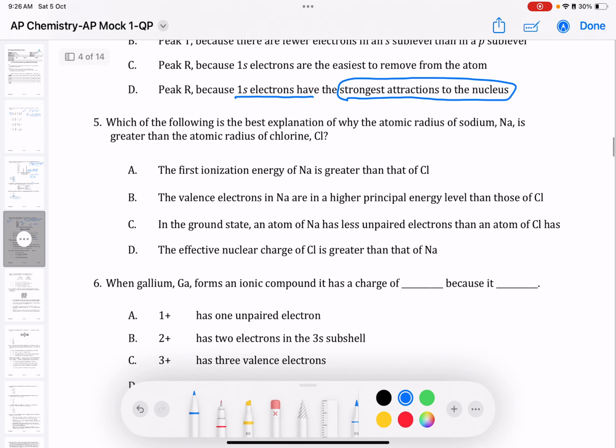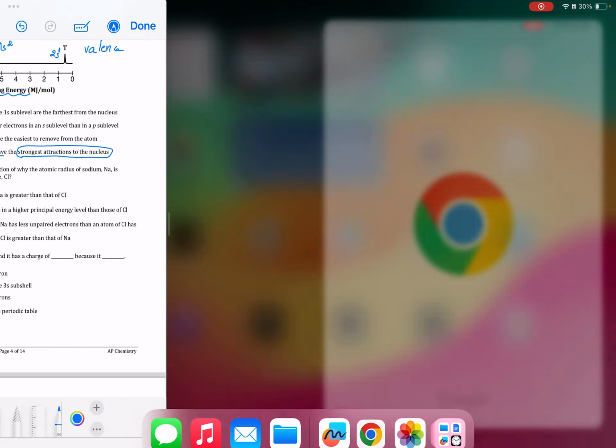Moving on, which of the following is the best explanation of why the atomic radius of sodium is greater than the atomic radius of Cl? So we're talking about the size. Now, sodium and chlorine, I'll show you on the periodic table.